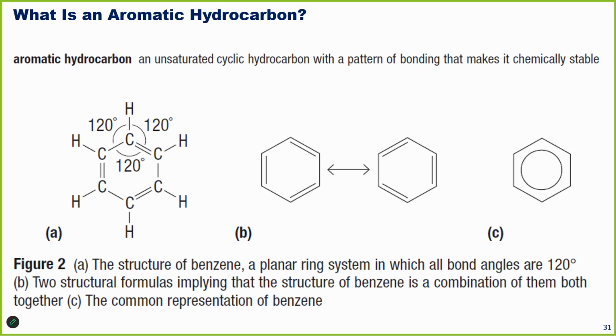To indicate that all 6 bonds are identical, the structure is shown as alternating between 2 arrangements of double bonds, which is shown here in figure 2b, or simply as a hexagon with a circle inside, which is shown here in figure 2c. The hexagon with the circle indicates that the electrons in the bonds are shared equally between all 6 carbon atoms.